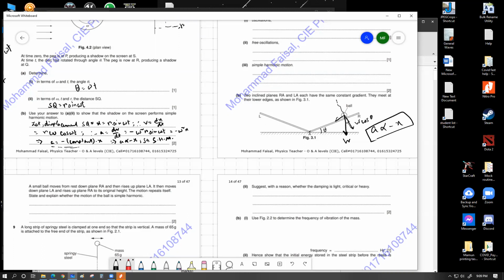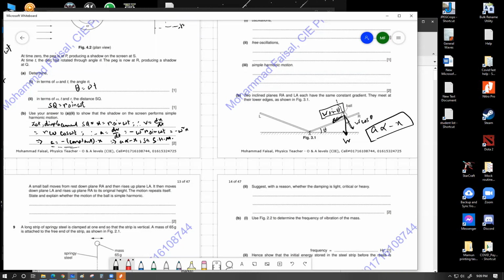Along this line we'll have W sin theta working. This is just very basic, dividing the W force into 2 perpendicular components. What you need to understand is that for the entire motion of the ball, no matter where it is on the plank AR, this W sin theta value would always remain the same.